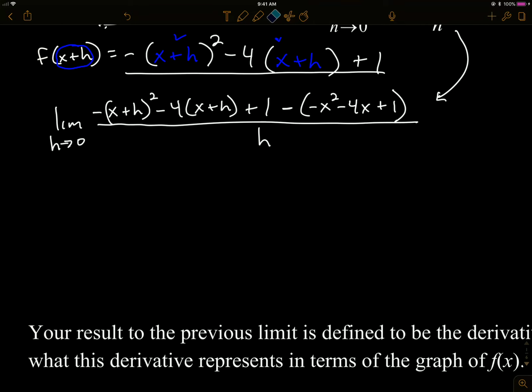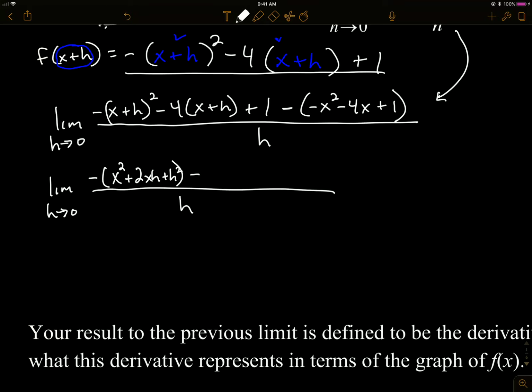We're going to simplify. This one seems to be one of those factor and cross off a common factor. So before I factor this, though, I have to multiply everything out. So it's negative, and x plus h squared is x squared plus 2xh plus h squared. I'm going to distribute the negative 4, so it's going to be minus 4x minus 4h plus 1.